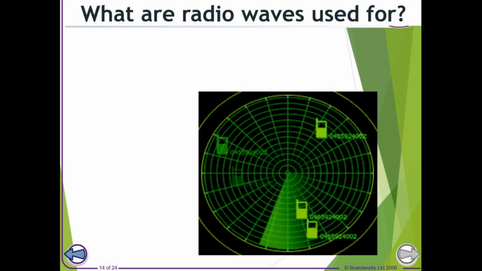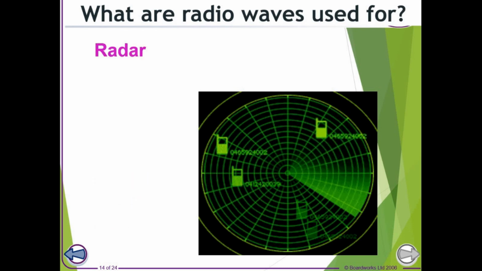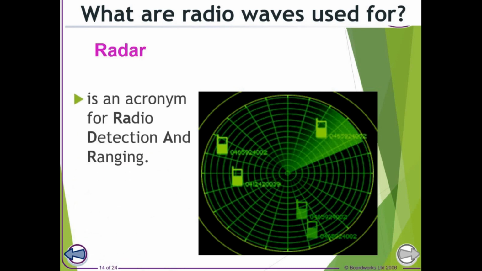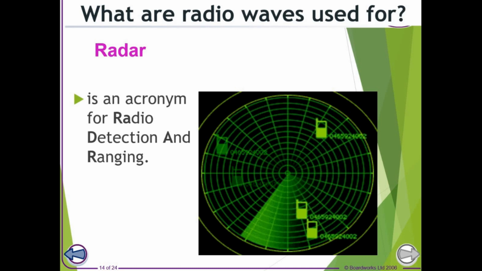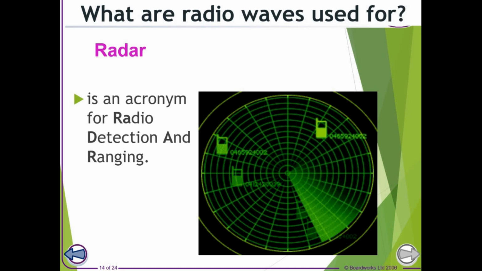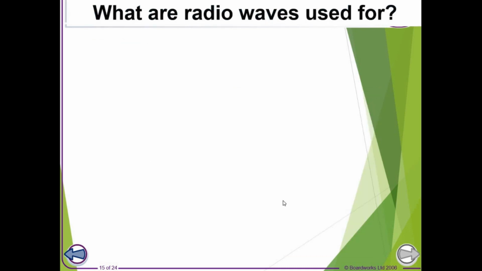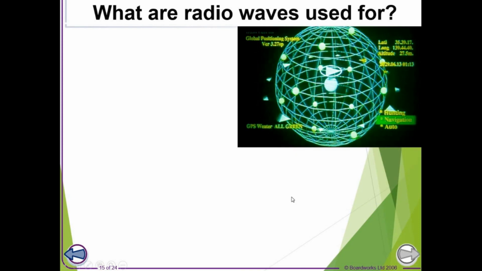Radar is an acronym for radio detection and ranging. It makes use of radio waves for detecting objects, weather forecasting, military surveillance, air traffic control, speed monitoring, and tracking satellites and debris.